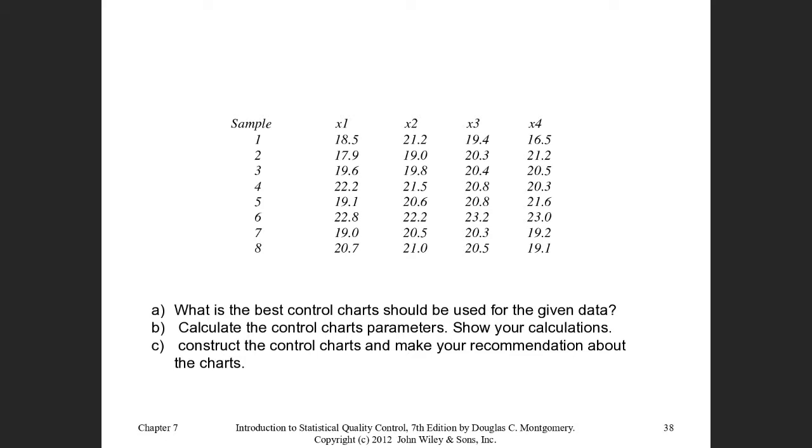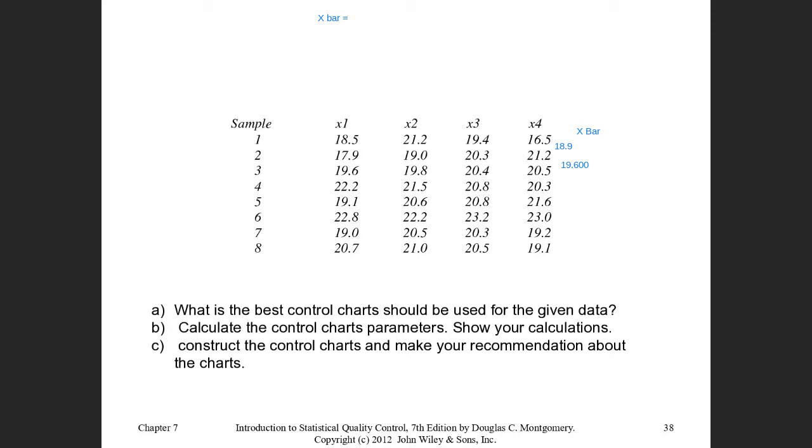So there will be a column here that says X bar, and the first one will be 18.9. I will show you all that in the file, but this is just to show you how you answer the question. For sample number 1, this is the average, and this is the X bar.